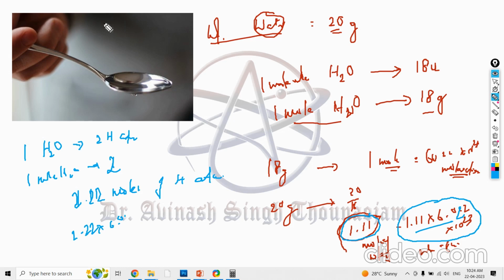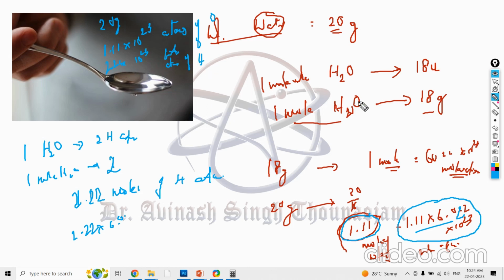This water sample, which weighs 20 gram, contains 1.11 into 10 raised to 23 atoms of oxygen, and it contains 2.22 into 10 raised to 23 atoms of hydrogen.